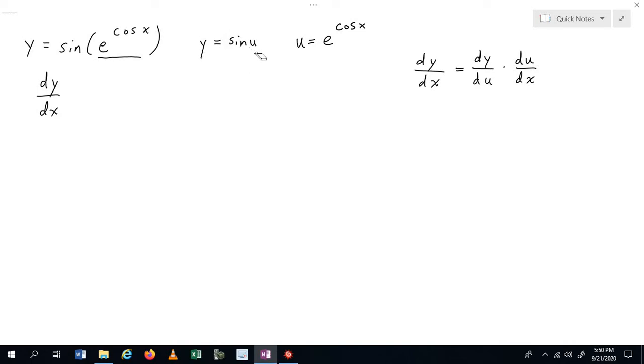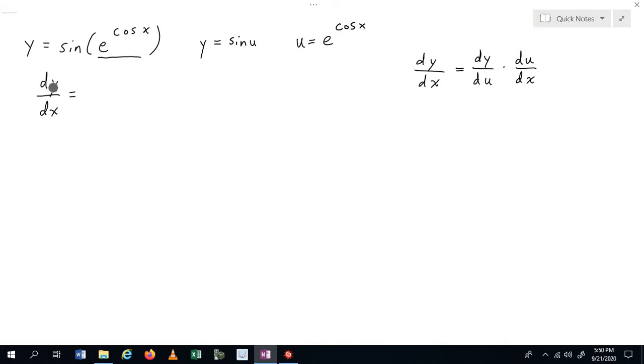Now we have y written in terms of u, and u is written in terms of x, which, if you remember, is the condition that you have to satisfy in order to use this form of the chain rule.